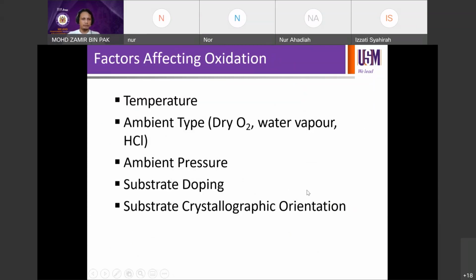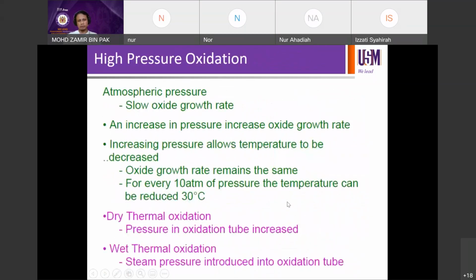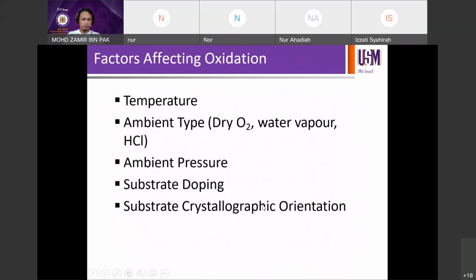So there are a few factors affecting the oxidation process. There are several. I'm just going to go through perhaps one or two pages, let me see how many more I have. Quite a number. So I'm just going to cover perhaps another two to three pages. There are a few factors affecting the thermal oxidation process. Temperature: we've seen just now on the graph of the linear rate and parabolic rate constants that temperature affects the oxidation.